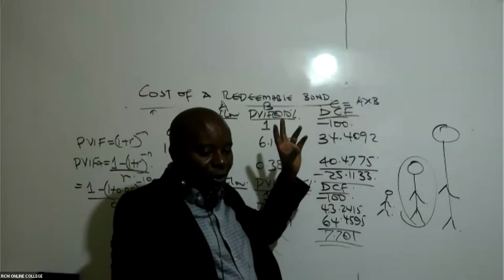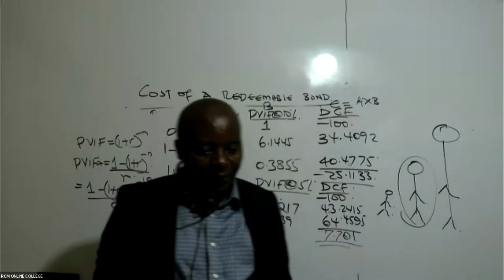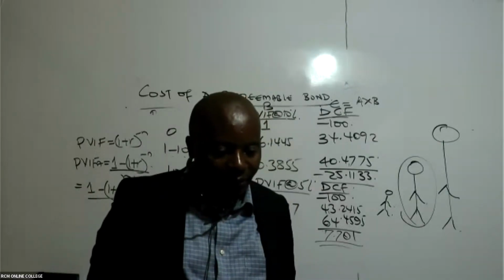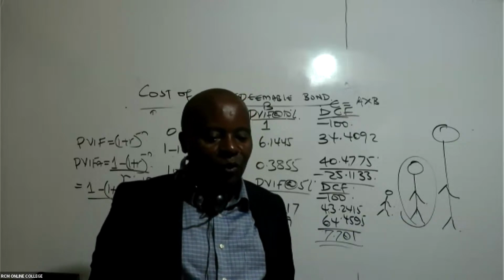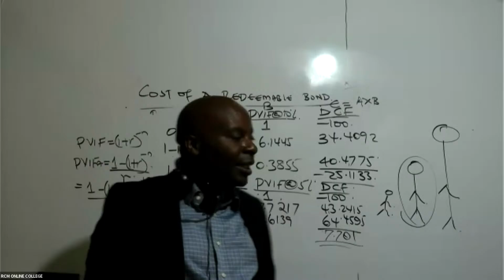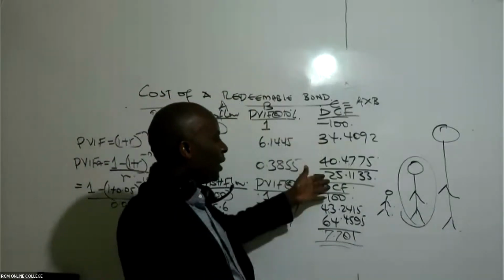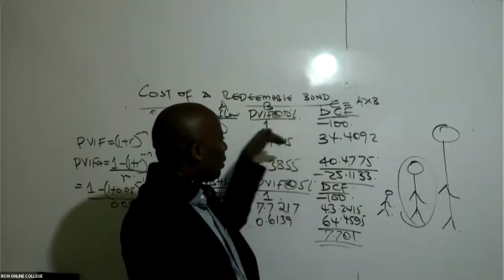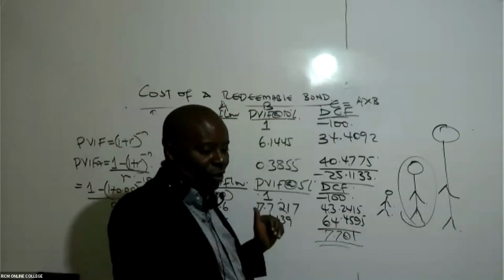If you get a negative NPV and want to boost it up to positivity, then you have to try a lower rate. And how do you get the lower rate? You divide by 2.